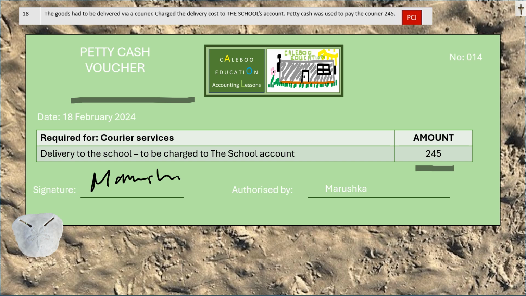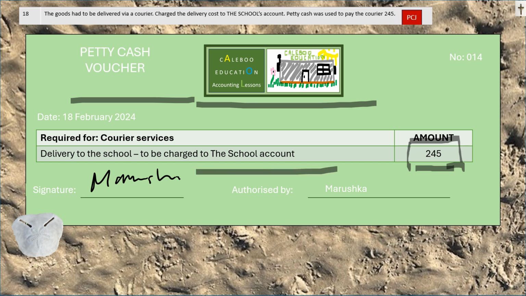What happened here in this case was we at Caleboo Education paid 245 Rand for the delivery of stock to the school. And we took petty cash to pay for that, and we charged the school's account. So it was recorded on a petty cash voucher.